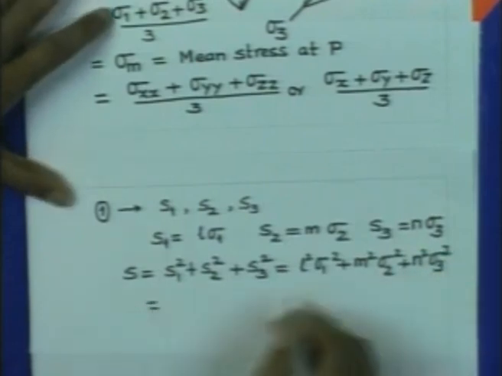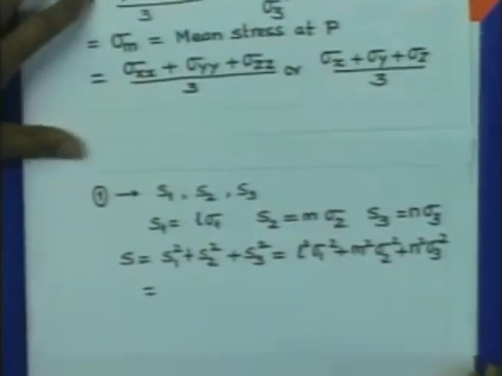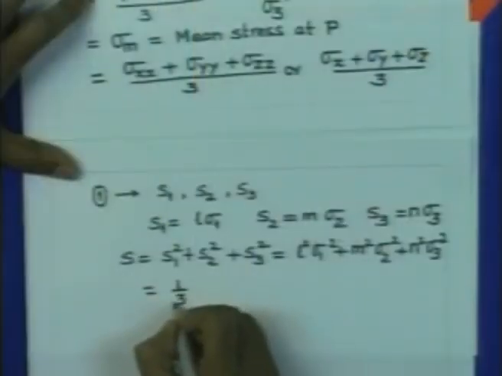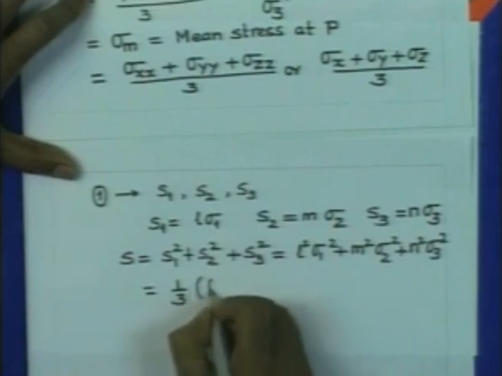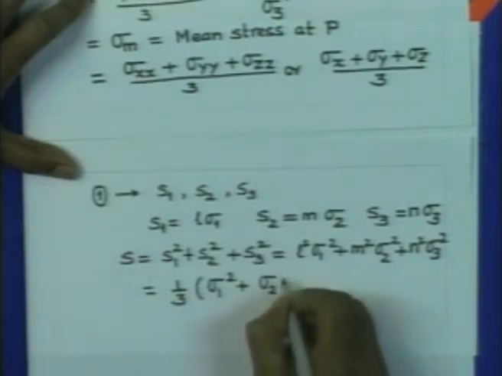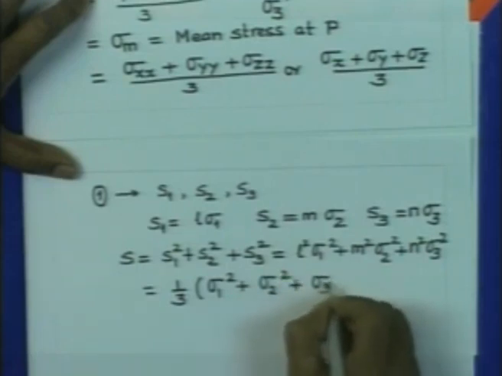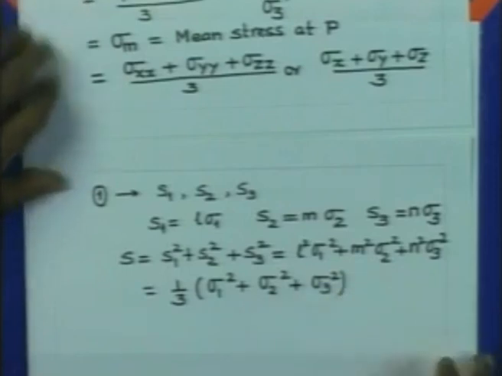Now, once we substitute the value of the direction cosines 1 by root 3, 1 by root 3, we get the following. This will be 1 by 3 into sigma 1 square plus sigma 2 square plus sigma 3 square.